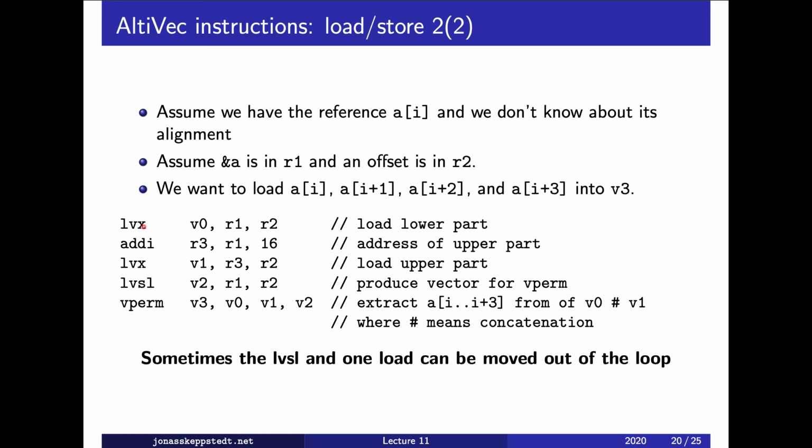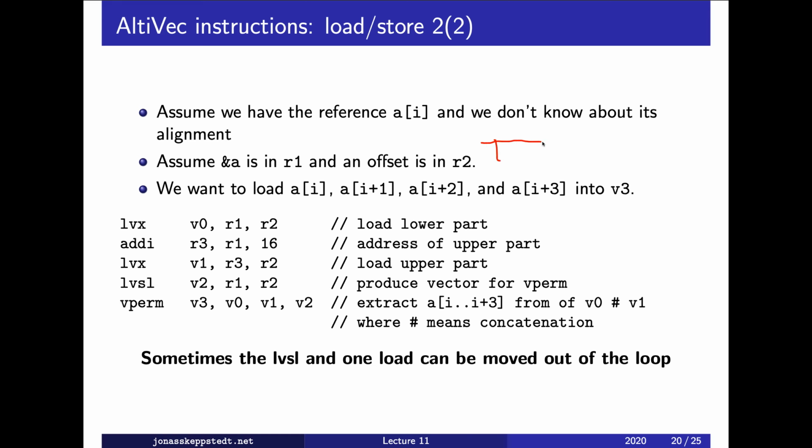If we knew that this address, R1 plus R2, is a multiple of 16, then it's sufficient to just load. But if we don't, what we have to do is, well, we can see it like this.